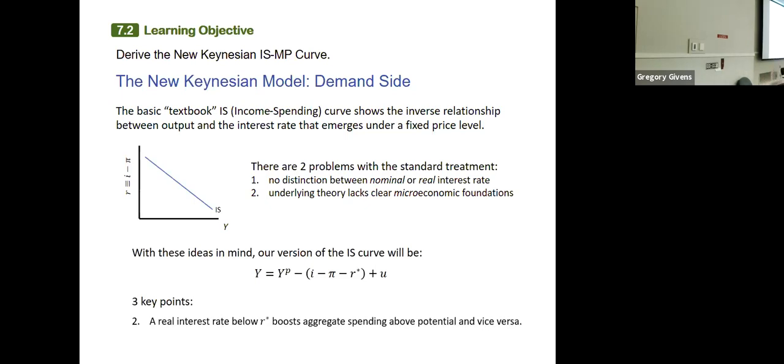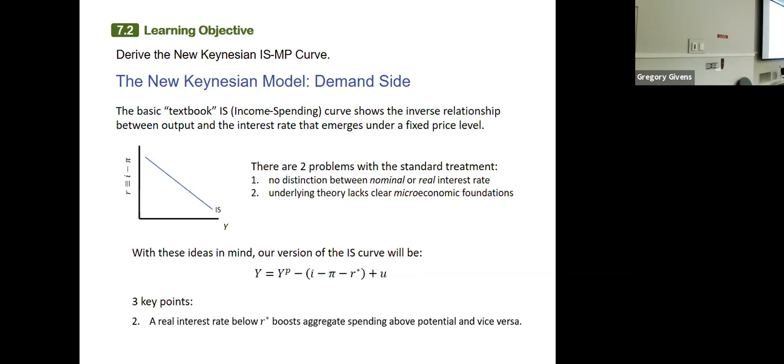Anytime, and this is going to be important for today's discussion, anytime the real interest rate, i minus pi, is below the equilibrium real interest rate, so that the stance of monetary policy is loose or accommodative, then output is going to start to increase above potential output. So accommodative monetary policy stimulates output above potential.